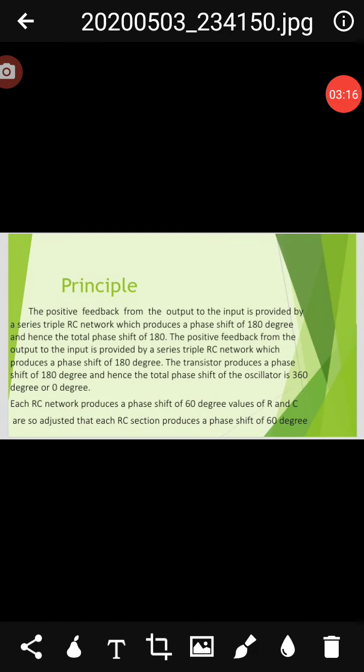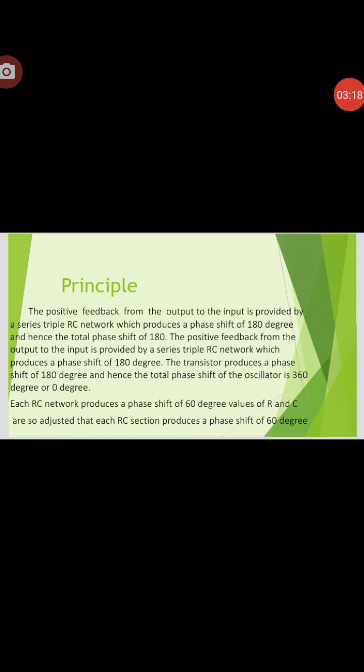Now the principle. The basic principle of this oscillator is the positive feedback from the output to the input provided by the series triple RC network, that is the feedback network, that produces the 180-degree phase shift.